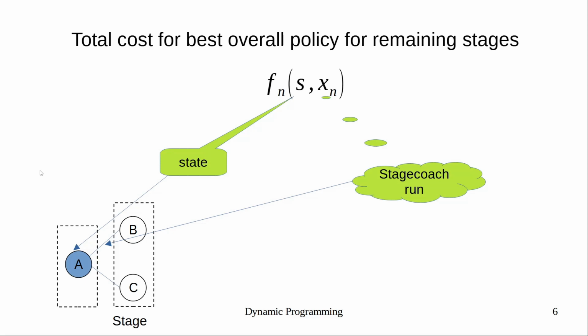Now, this is further explained in the left below. If this function is applied to the first stage, this will be F1 and S will be A because we are at state A, and Xn will be X1 because we have to take the first stagecoach run to go from stage 1 to stage 2.